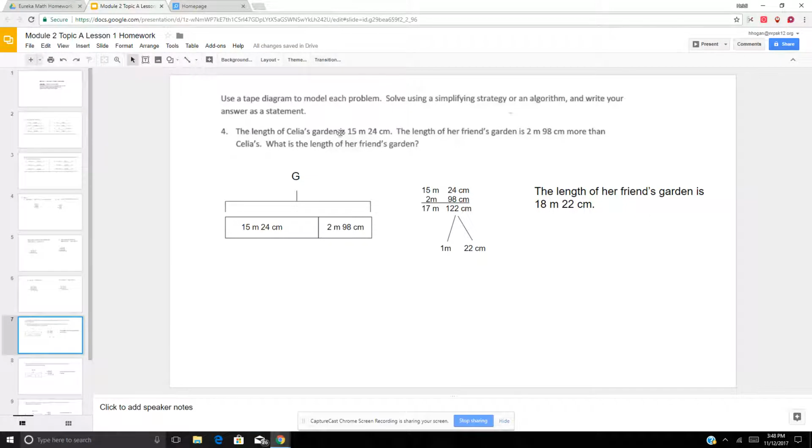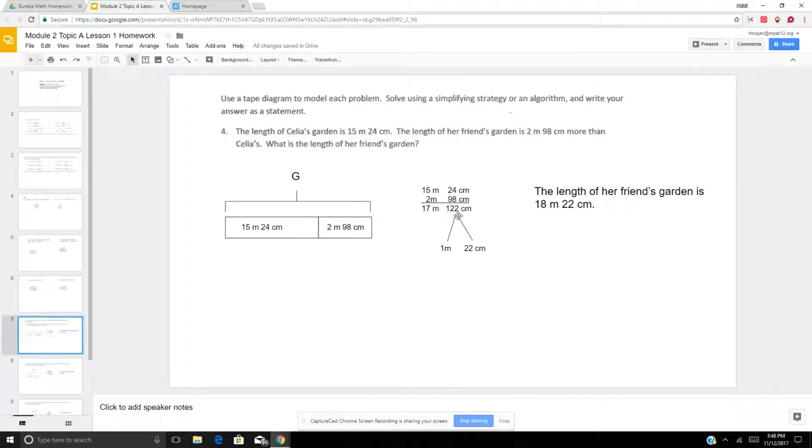The length of Celia's garden is 15 meters, 24 centimeters. The length of her friend's garden is 2 meters, 98 centimeters more than Celia's. So we're adding these together. I did this a little bit different way. I kept it in their regular units. I added the meters first, and I got 15 plus 2 is 17 meters.